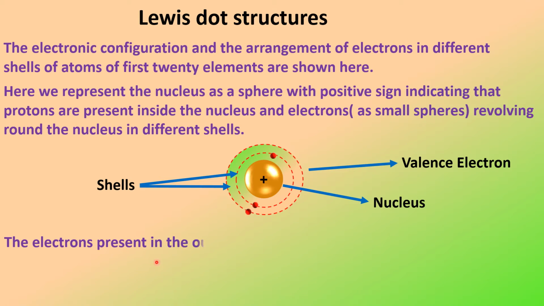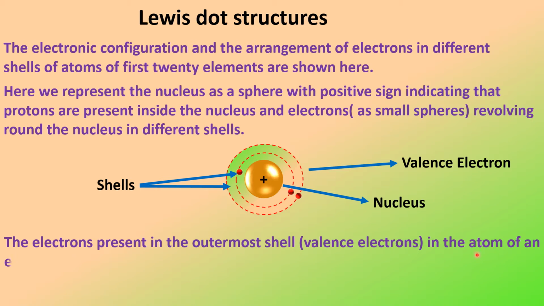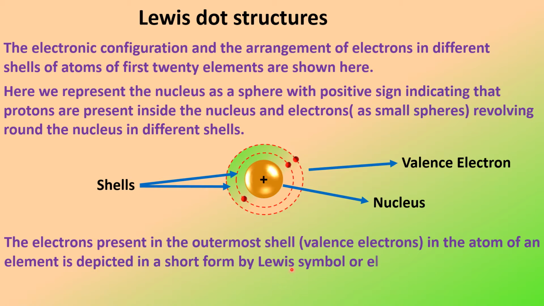The electrons present in the outermost shell, called valence electrons, in an atom of an element are depicted in a short form notation called a Lewis dot structure or Lewis symbol. Now let us try to write the dot structures.